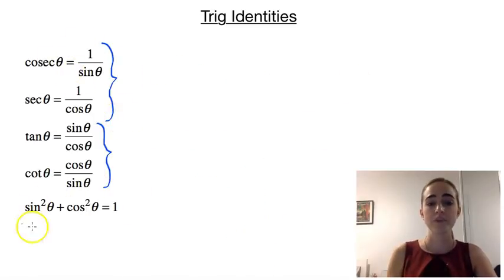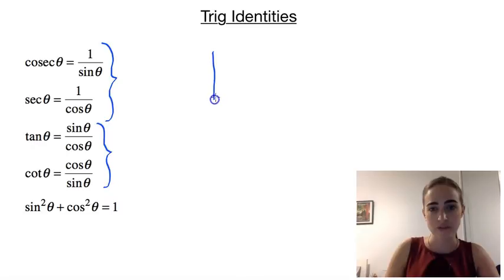So our next one down the bottom here is what's called the first of our Pythagorean identities. So we've got sine squared theta plus cos squared theta is equal to 1. Now, picture our unit circle again, or actually it doesn't have to be a unit circle, it can be any circle with a radius r.